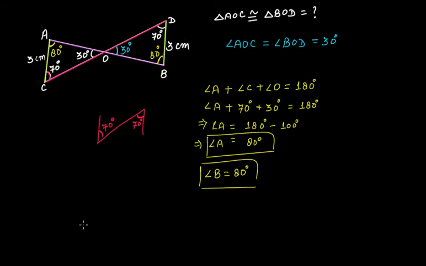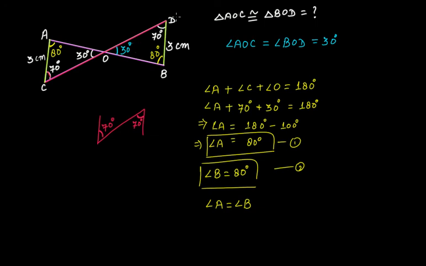Now what's the point here? The point is clearly angle A and angle B are equal. So from 1 and 2, you will say that angle A is equal to angle B. Then side AC is equal to side BD.